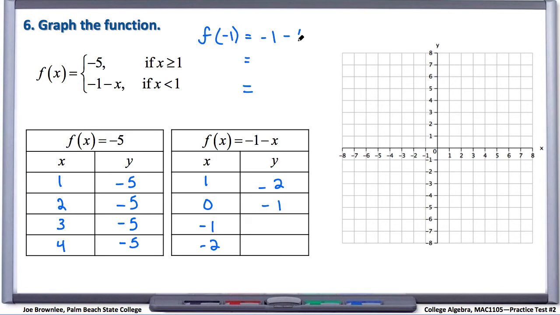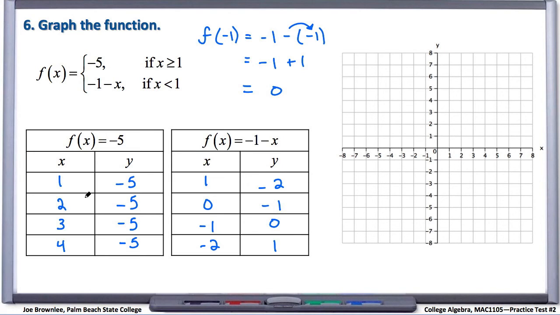So we have -1 minus -1. When we distribute, we have -1 plus 1. So we have 0. And we would expect then this last y to be +1. Notice that as the x value decreases by 1, the y value is increasing by 1. And you can verify that on your own by plugging in -2 and seeing what you get.